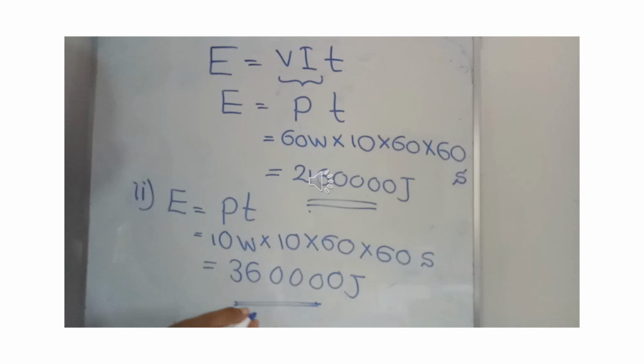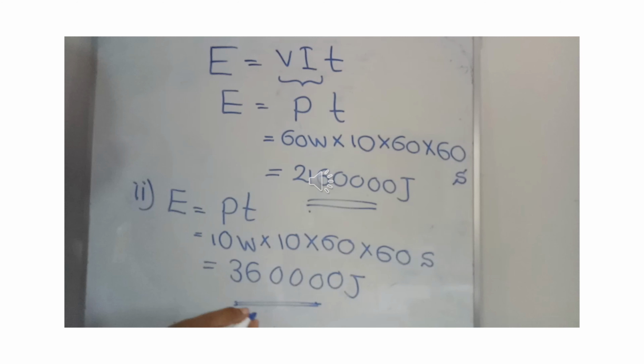But pay attention here, we have to use the time in seconds. So we have to convert hours into seconds. That's why I multiplied 10 hours by 60 and 60, that is 10 hours into 3600 for converting hours into seconds. Then you can get the answer in joules.